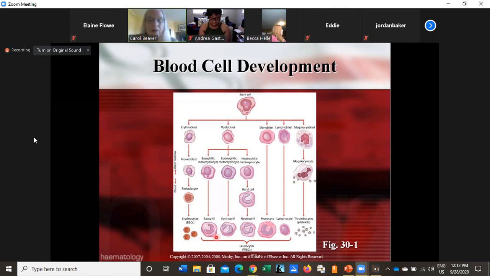It's more like a crescent moon too. But anyway, all of those are granulocytes, because you can see the granules in the cytoplasm.